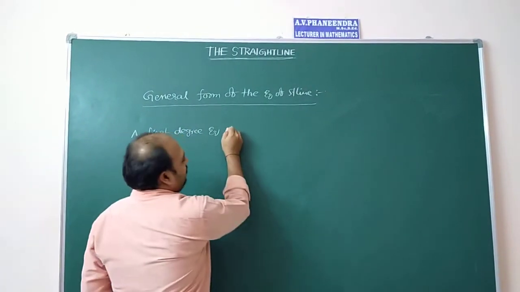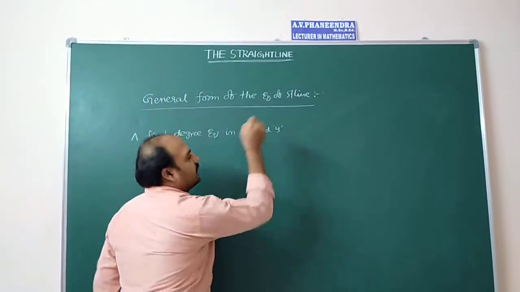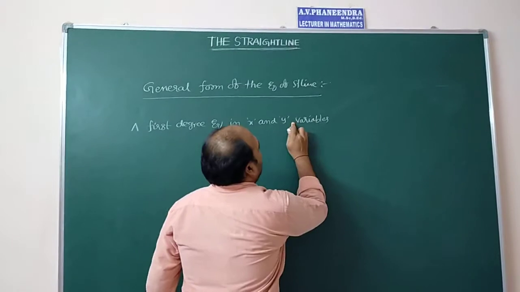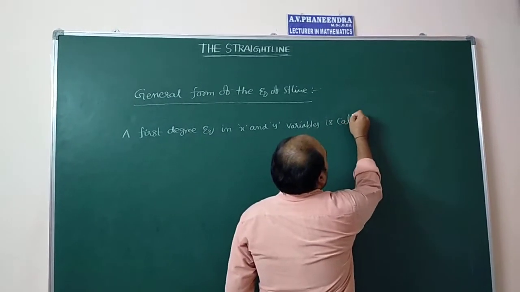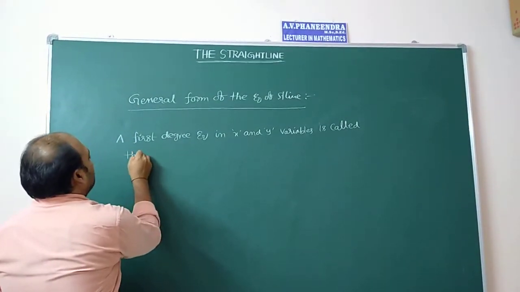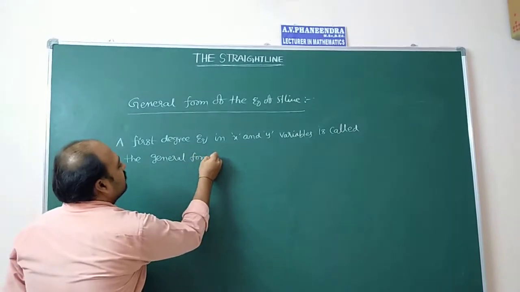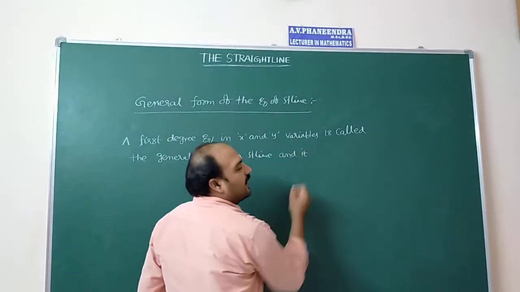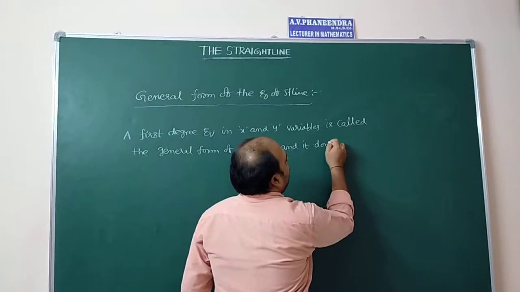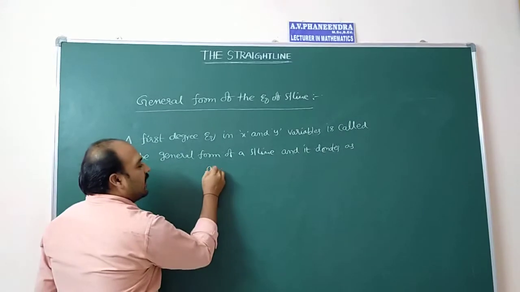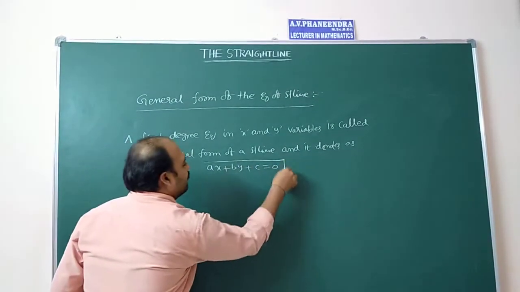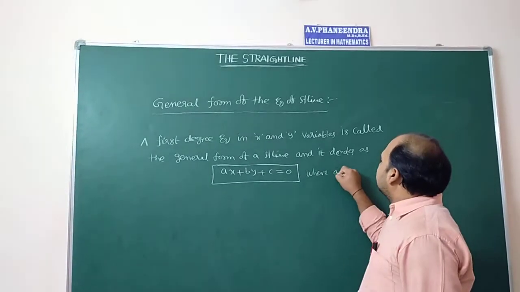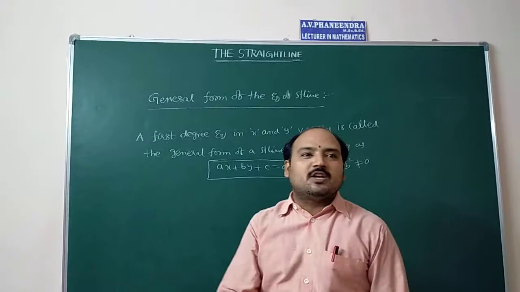A first degree equation in x and y variables is called the general form of a straight line, and it is denoted as ax plus by plus c equal to 0, where a square plus b square should not be equal to 0. This condition will be applicable.